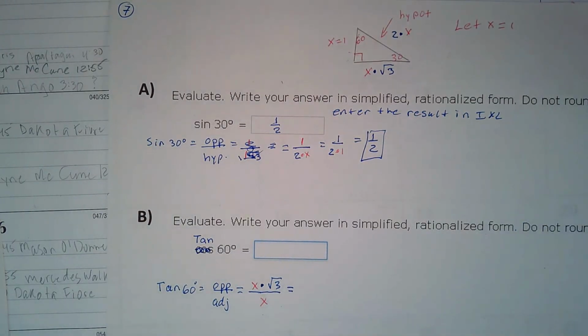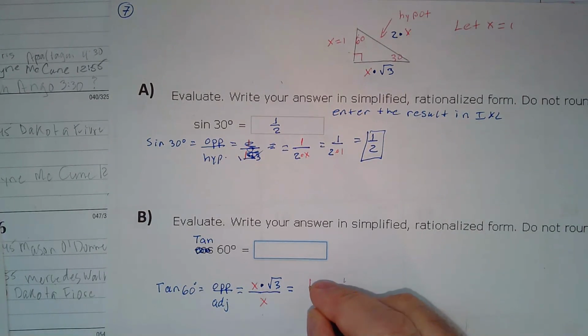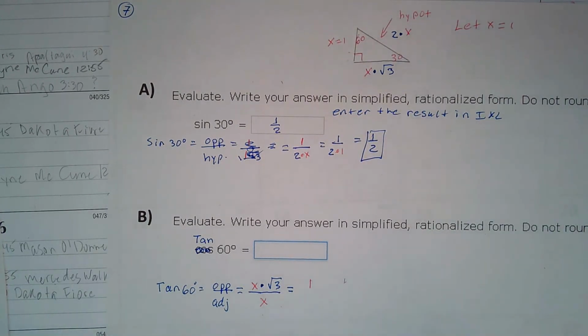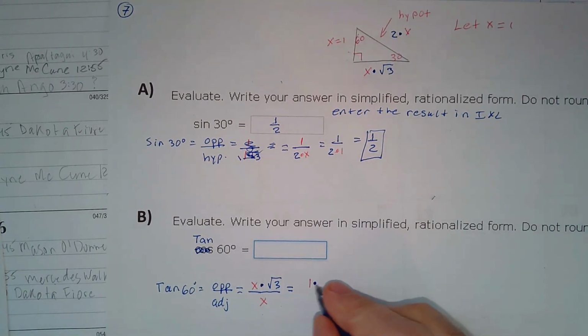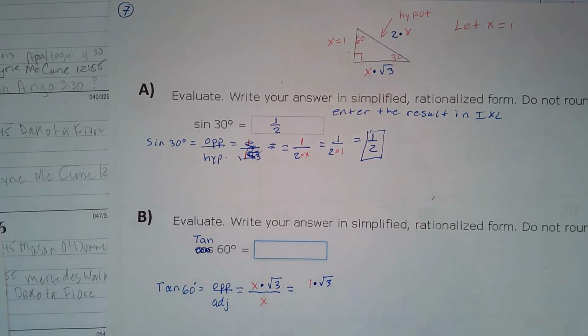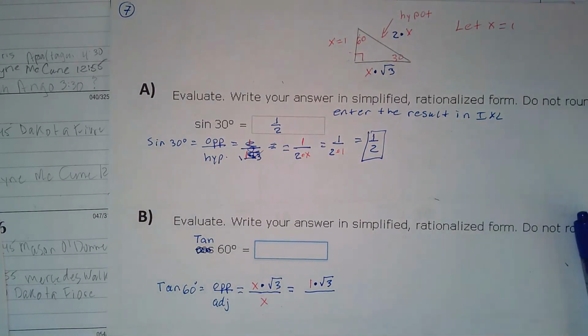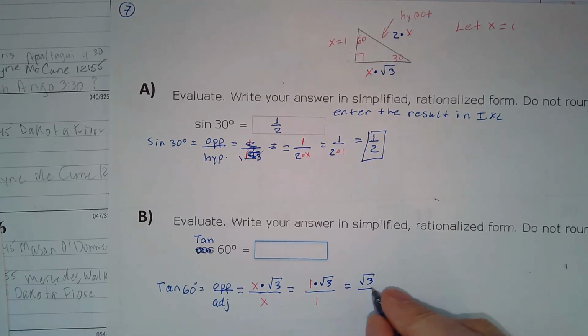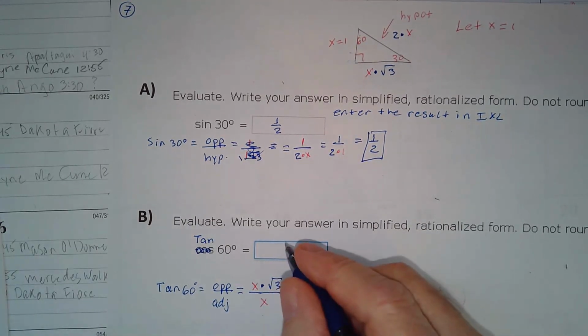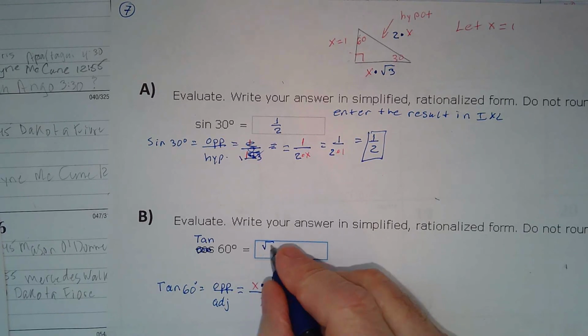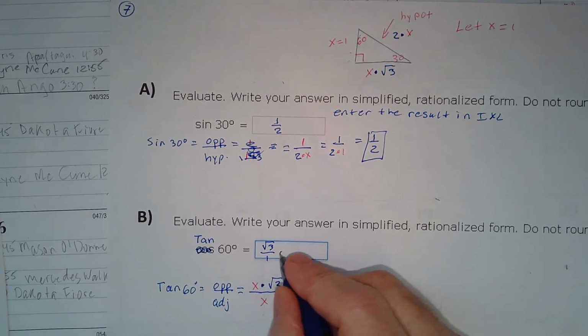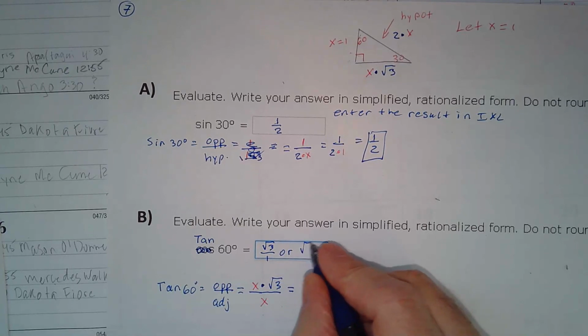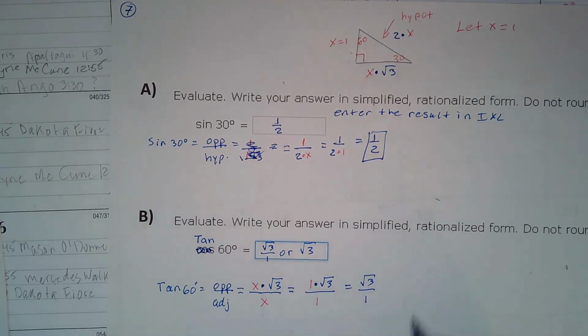So since x is 1, we substitute 1 times the square root of 3 divided by 1. And that just simplifies into the square root of 3 divided by 1. And that's what you put. You can put in either the square root of 3 over 1 or the square root of 3. I believe IXL will take either of those. Okay? All right.